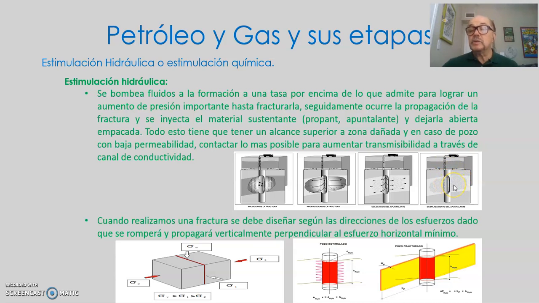That's just to keep the fracture open, and so that we can keep the benefit of having a good permeability or a good connection with the reservoir. That's how the rock breaks. And this is an example of a well without being fractured, and a well fractured. We can see the difference, how much we connect the well with the reservoir.